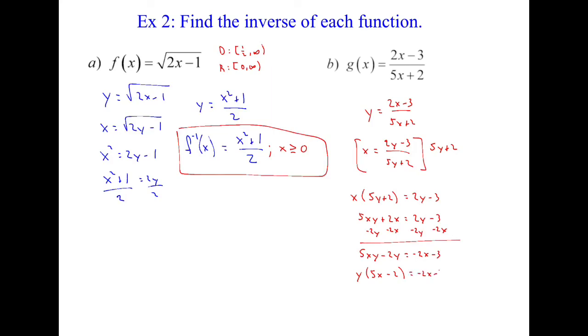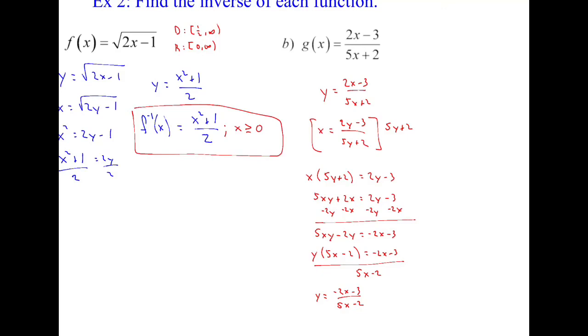Well, why is that helpful? Because now we have one y compared to 2, and then it's y times that, so we can divide everything by 5x minus 2. So we get y is equal to negative 2x minus 3 over 5x minus 2.